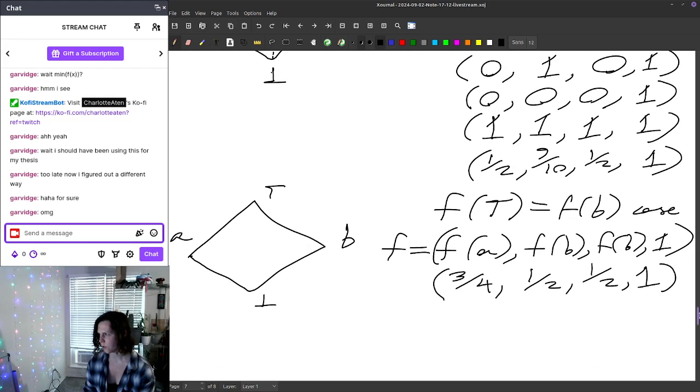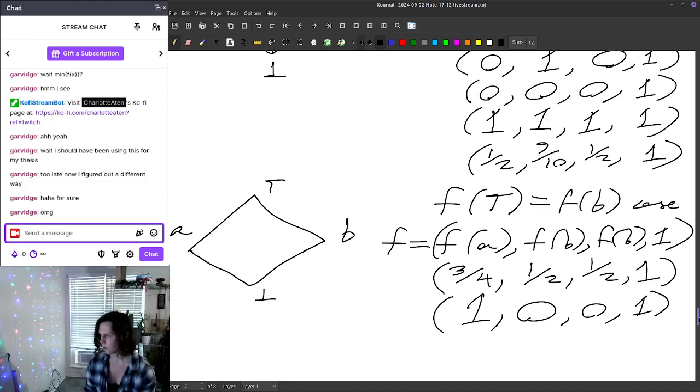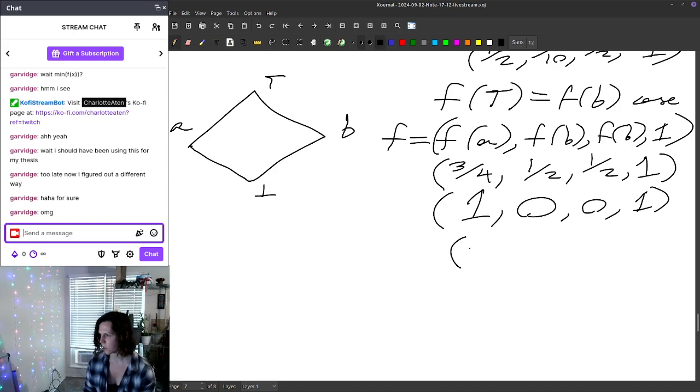And then what are the extremes? Well, before I made f of a 0, but now if I make f of b 0, then this has to be 0, this has to be 1, and then this can be whatever I'd like. I can make it as big as 1, or as small as 0.